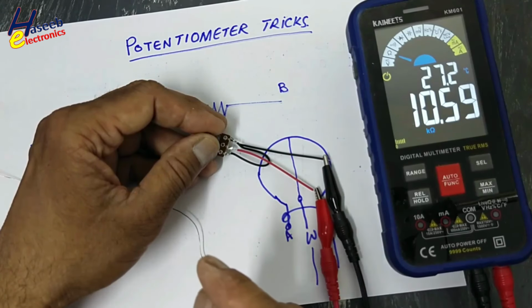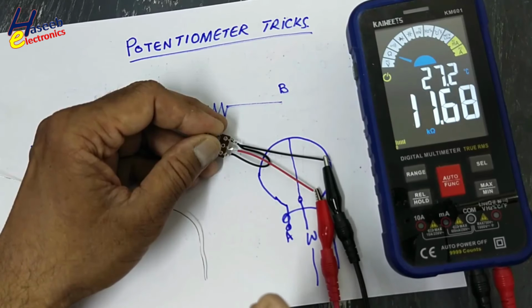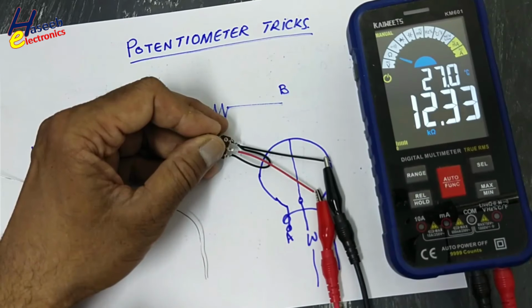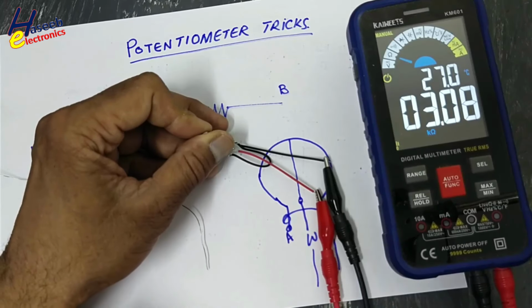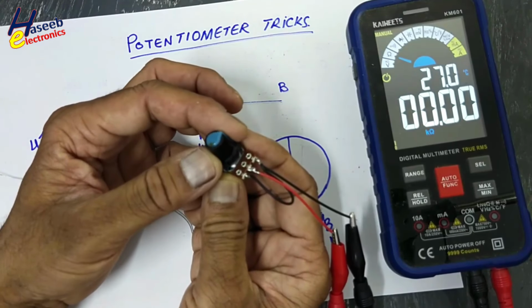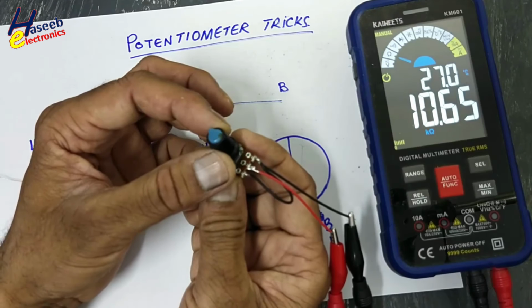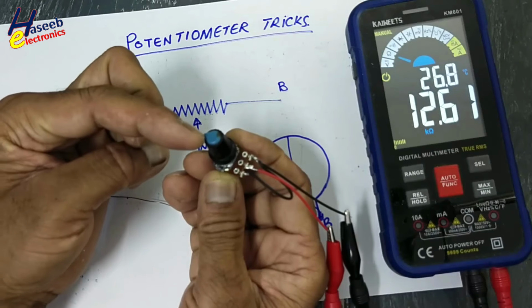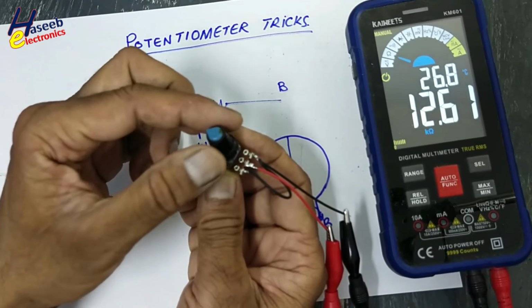In the center point, the resistor value will be high. Here in the midpoint, in the center, the value is maximum.